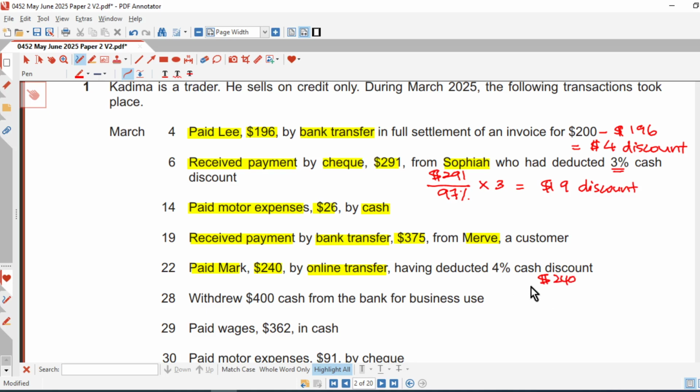So it's the same scenario as March 6. The $240 that you paid represents 96% of the total amount. Do you agree? So once you find that figure, you're going to multiply by 4, right? 4% to calculate a $10 discount.